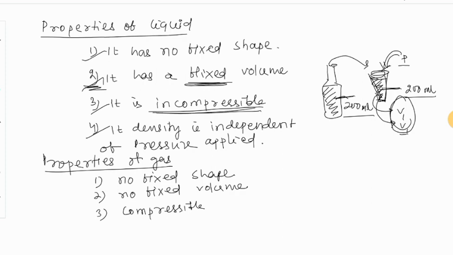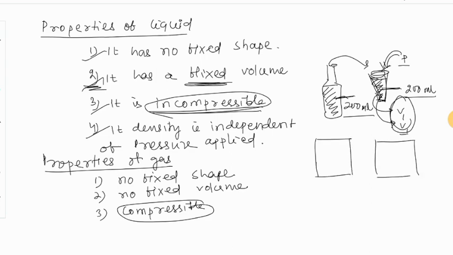What is incompressible and compressible? Let's see. If you observe the molecules of liquid and gas, in case of gas, the molecules are far away from one another. That means they have large intermolecular distance.